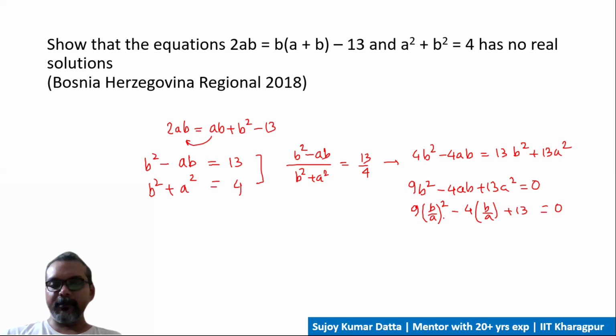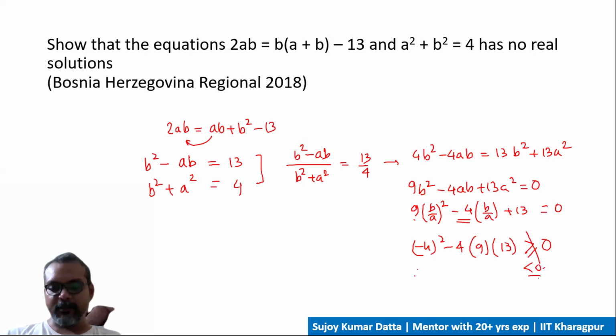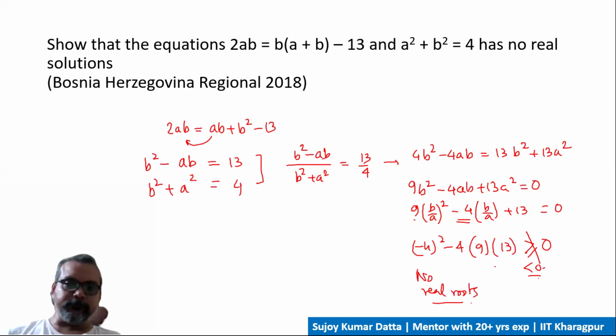Now for real roots, like the coefficient of the x term, in this case negative 4 squared minus 4 times the other two terms should have been greater than or equal to 0. Unfortunately, this is clearly negative. It is actually less than 0. That means there are no real roots. Okay, let's go to the next question.